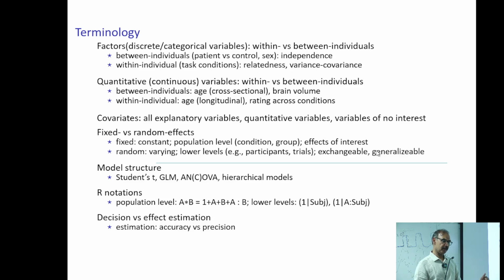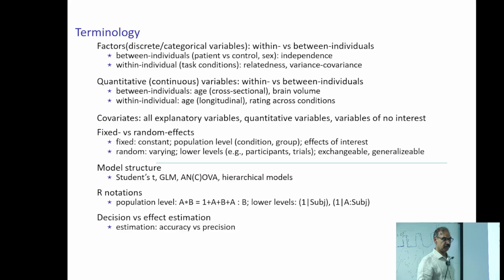While random is varying, lower levels, participants, trials, exchangeable and generalizable. In resting state, for many of these analyses, when we say fixed effect, it is the functional connectivity profile which is meant.